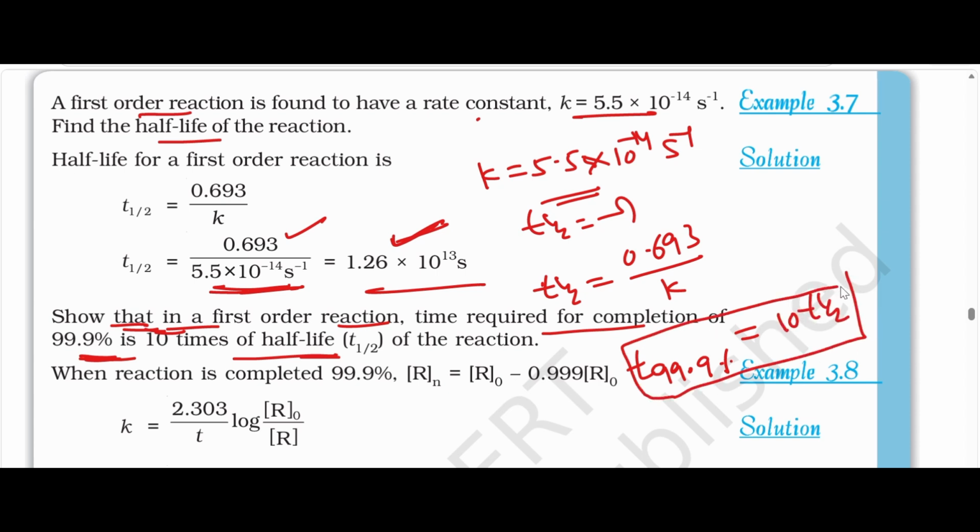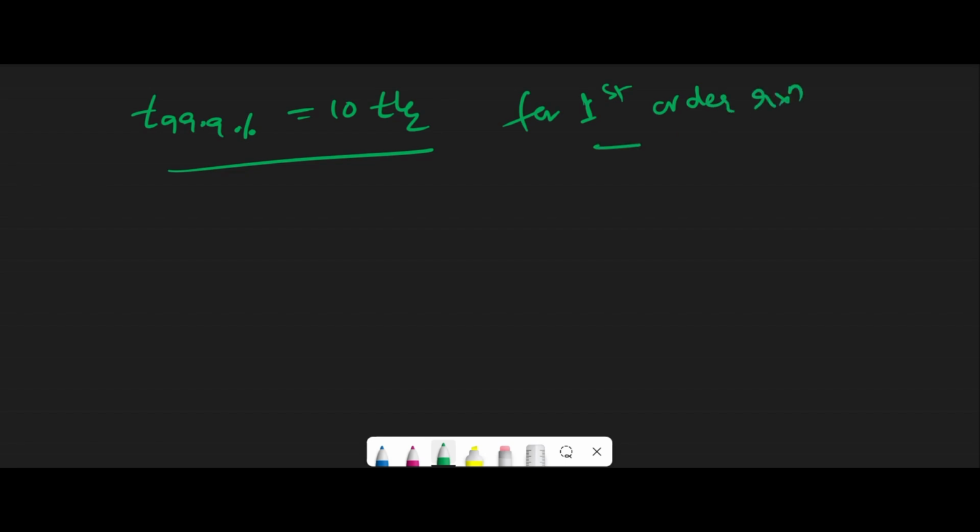This is what we have to prove, for a first order reaction.